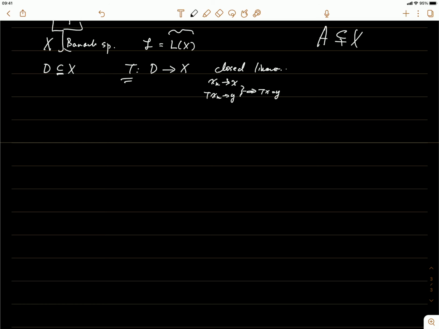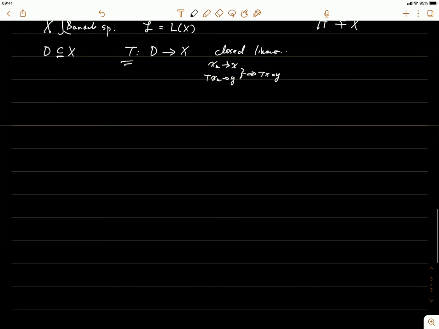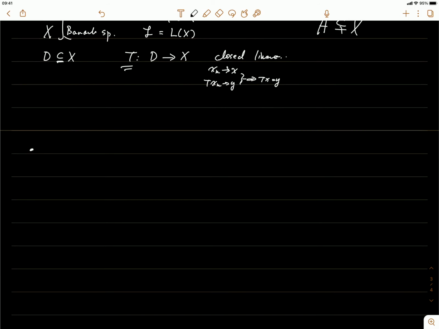In this case, let's consider several possible similar ideas of eigenvalues. Let's consider the first case. This is called the point spectrum. It's a collection of complex values lambda such that lambda I minus T is not invertible.